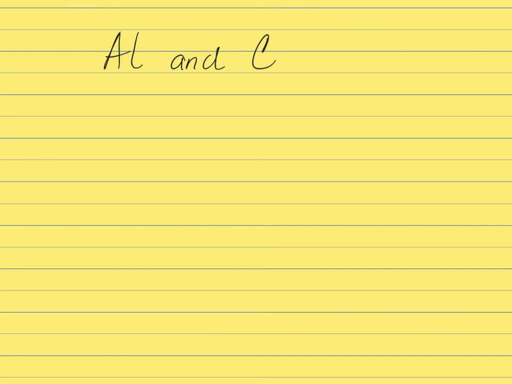Remember, for this part of the lesson, we are going to be using a different approach. Instead of using the electron configuration, we are going to be using the information that we can get from the periodic table. We start with aluminum. Aluminum is in group 13.